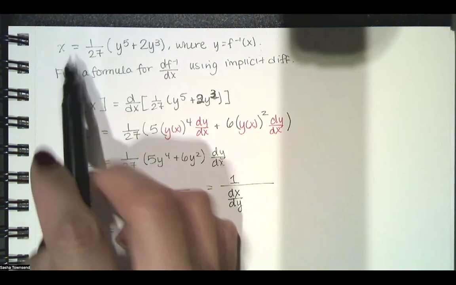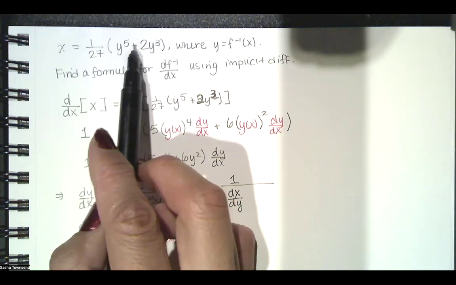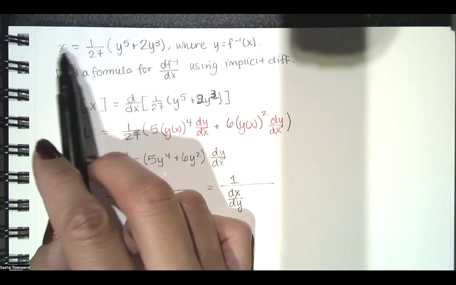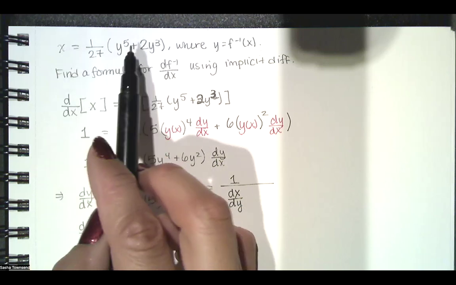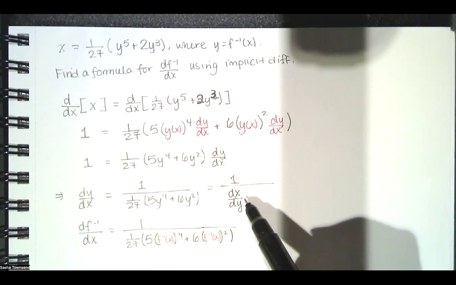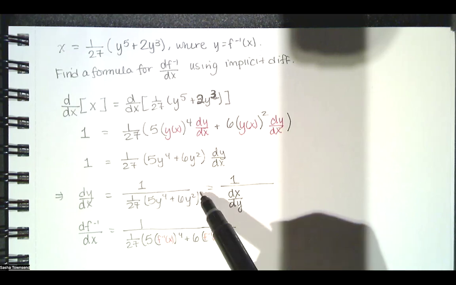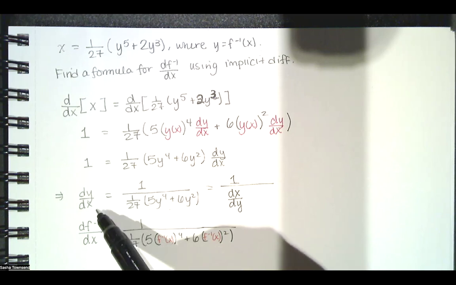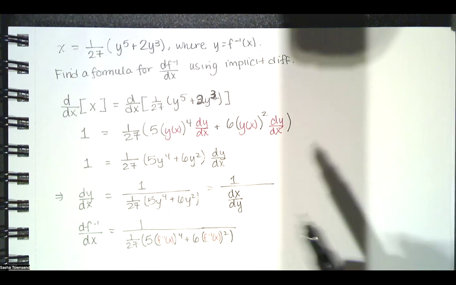Say, okay, I switch the roles of x and y, I get this relation. And so now x is a function of y rather than having y as a function of x. Well, I just take the derivative of x with respect to y, I compute that, and 1 over that turns out to be the derivative of y with respect to x. I think that's cool. I think that's really cool.